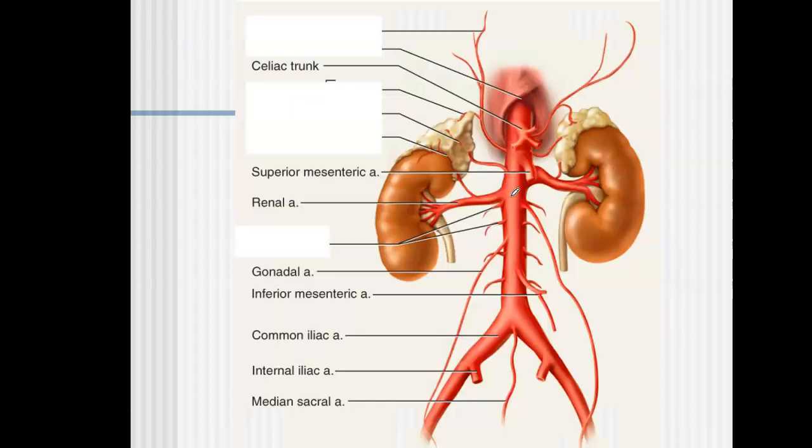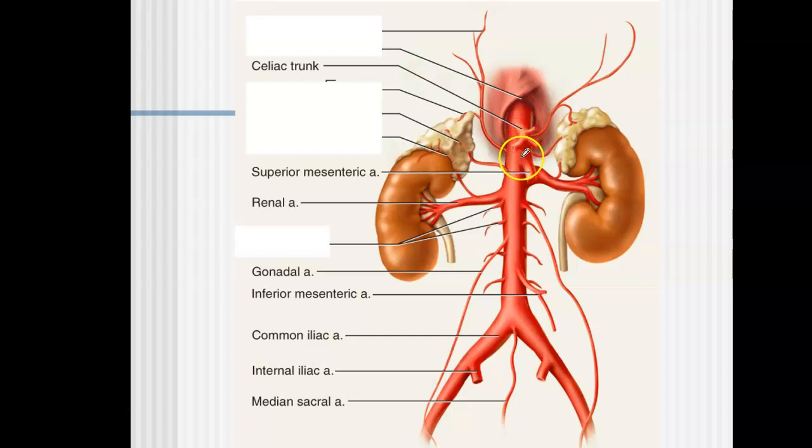Okay, moving on, we're going to come down now to the abdominal region. And in the abdominal region, again, we're going to learn only the major arteries, and I have erased the ones that I don't need you to know and left the ones that you do need to know. So we tend to learn them in order, right? If this is where we're transitioning from thorax to abdomen, this first one that you encounter, notice it has 3 branches, and that's the celiac trunk.